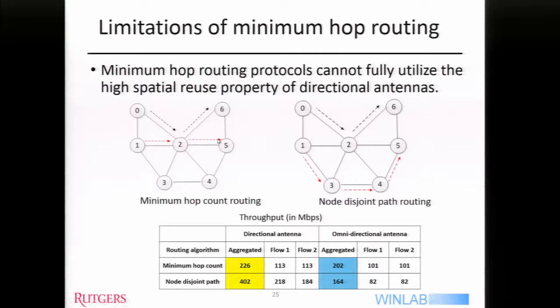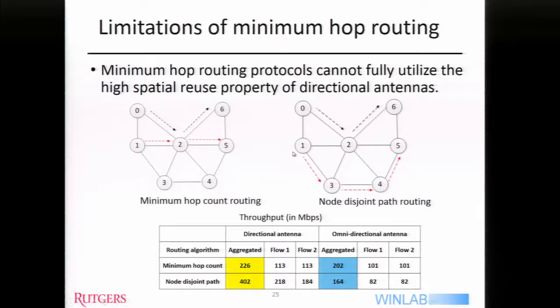So here is an example. On the left is the minimum hop count routing, which is widely used in traditional mobile and ad hoc networks. And on the right is a node disjoint path.